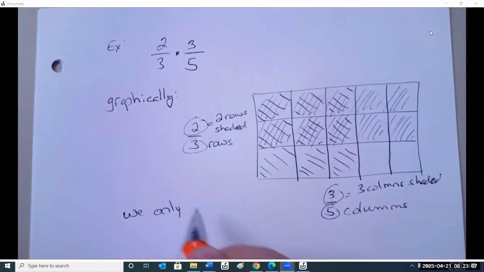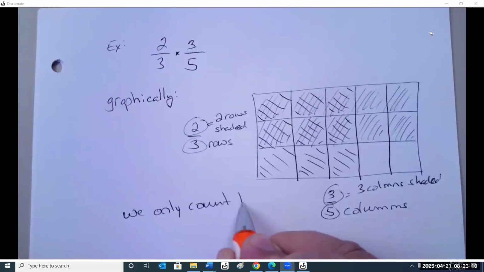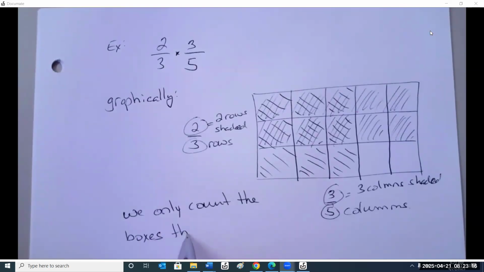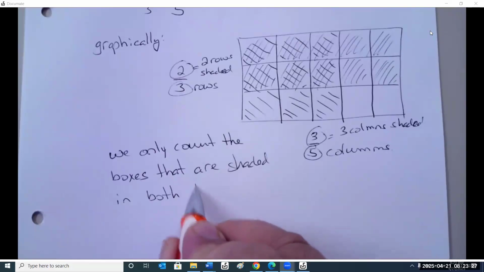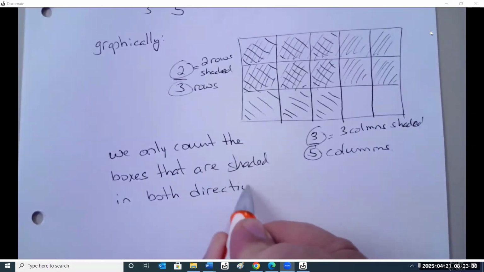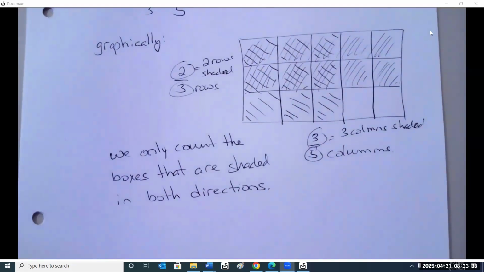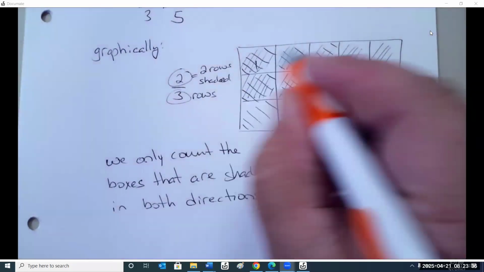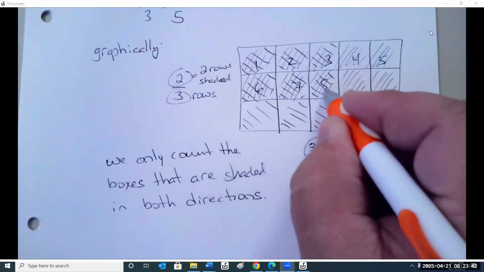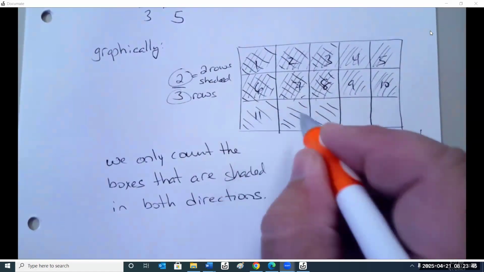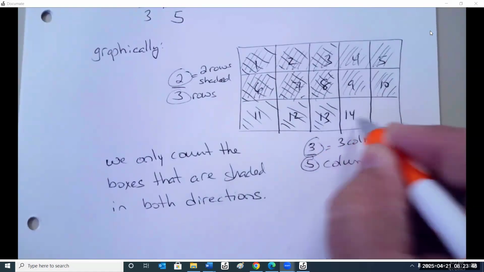We only count the boxes that are shaded in both directions. One, two, three, four, five, six, seven, eight, nine, ten, eleven, twelve, thirteen, 14.